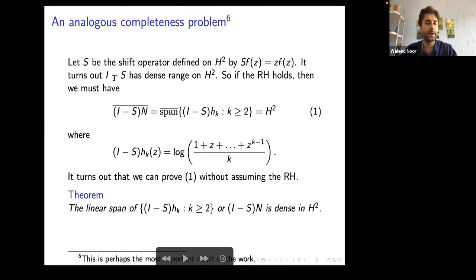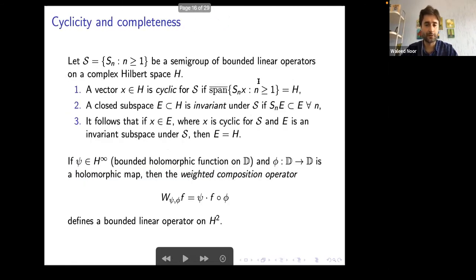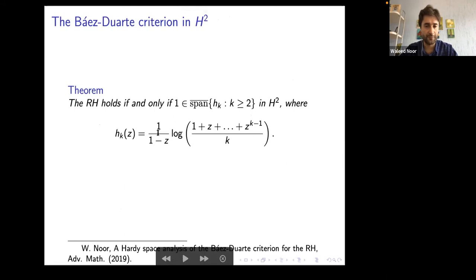So why am I applying I minus S? The idea is I minus S is basically the polynomial 1 minus Z. So if you go back to the original functions, you have a factor 1 over 1 minus Z. So the idea is if we remove this factor, what happens to the rest? Is it still complete in the Hardy space? Just to have an idea of how things work.